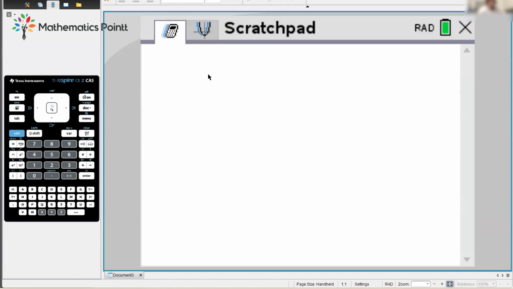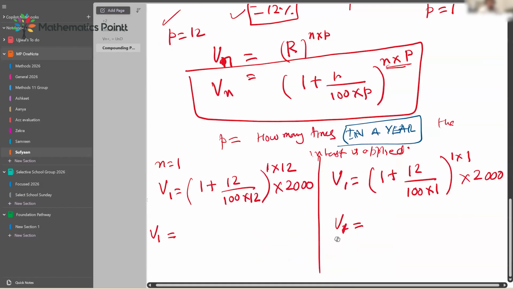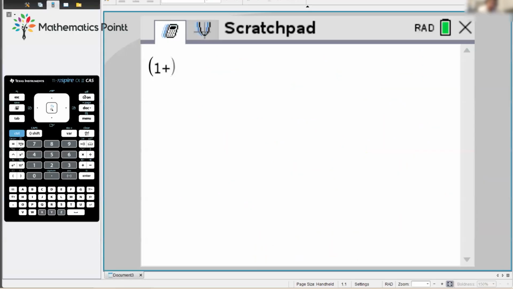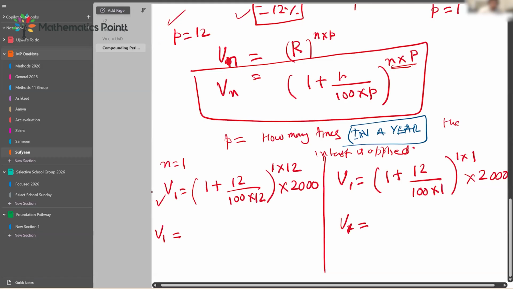So we had V1 equals, within the brackets, 1 plus. Let's calculate the V1 here for the first one. 1 plus 12 divided by 100, and I'll put this in the bracket so that CAS does not get confused, times 12, bracket closed, and then bracket closed, raised to the power of 12 times 1, which is basically 12, right?